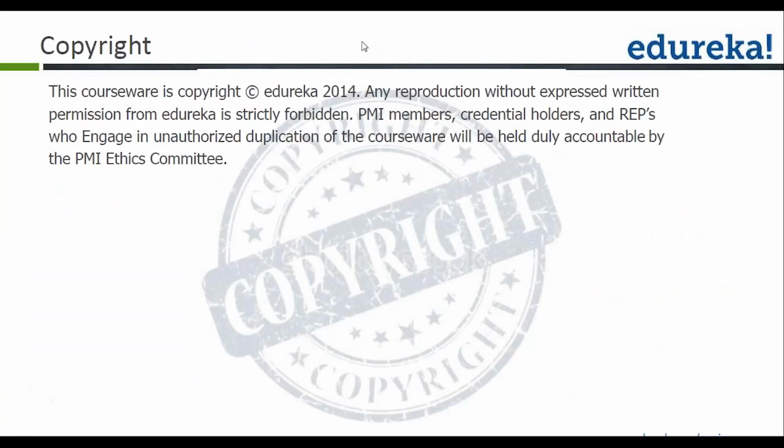Just a general disclaimer. This material has been developed after a lot of investment of time, energy, and effort. Any reproduction in any form, whether in electronic form or in physical hard copy format, without the permission of Edureka is strictly prohibited.